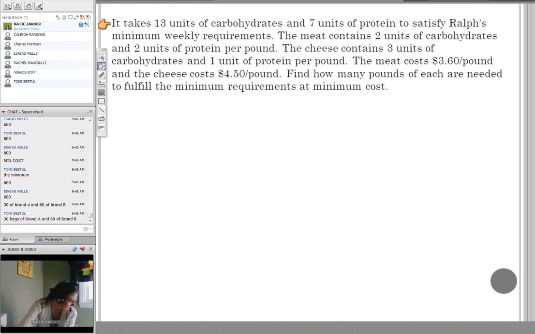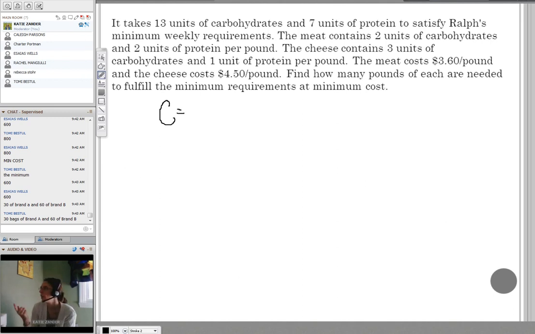All right, so if we can start with the objective function, that's the best place to begin. So we're trying to optimize how many pounds of each are needed to fulfill the minimum requirements at minimum cost. So minimum cost is what we're essentially looking for there, right? So we're going to set up an objective function for the cost of each item.